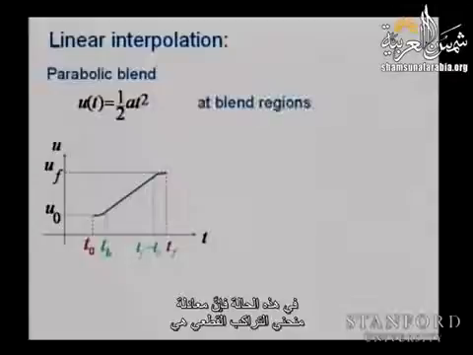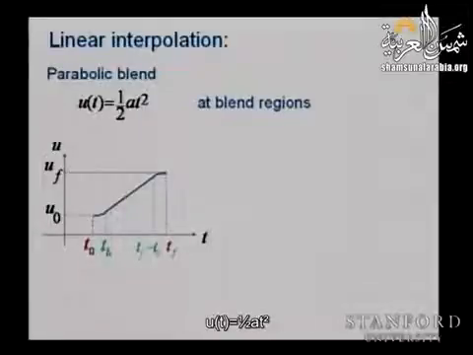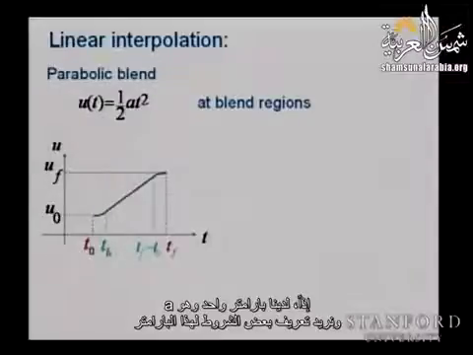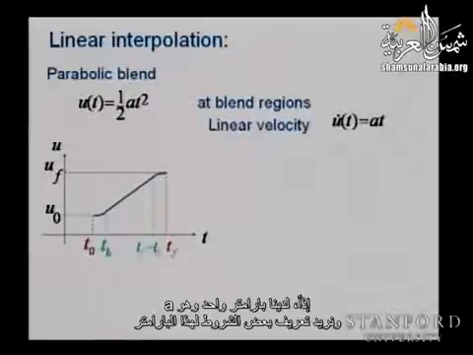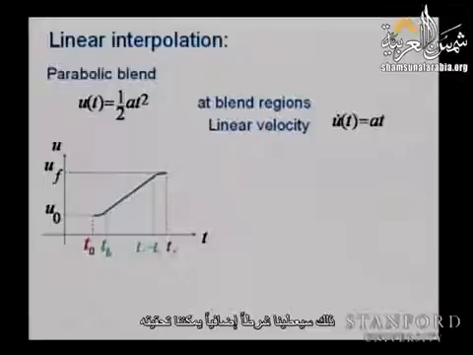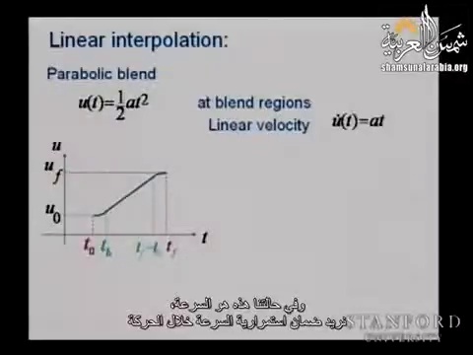In this case, the equation for the parabolic blend itself is u of t equals 1/2 a t squared. We have one parameter, a, and we want to introduce a condition for it. That gives us one more condition we can satisfy, which in our case is velocity. We want the velocity to be continuous throughout the motion.